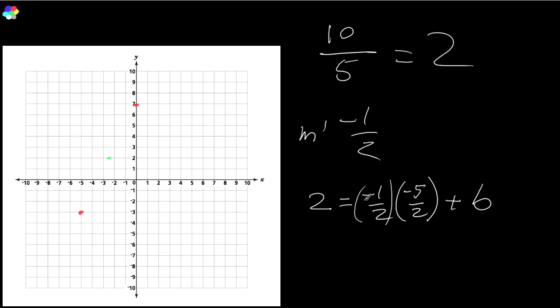So we want to solve for b, and this is going to be 5/4. So we have 2 is 5/4 plus b. 2 is 8/4, minus 5/4, is equal to b, is equal to 3/4. So b is 3/4. That means that the line should intersect with the y-axis right around here.